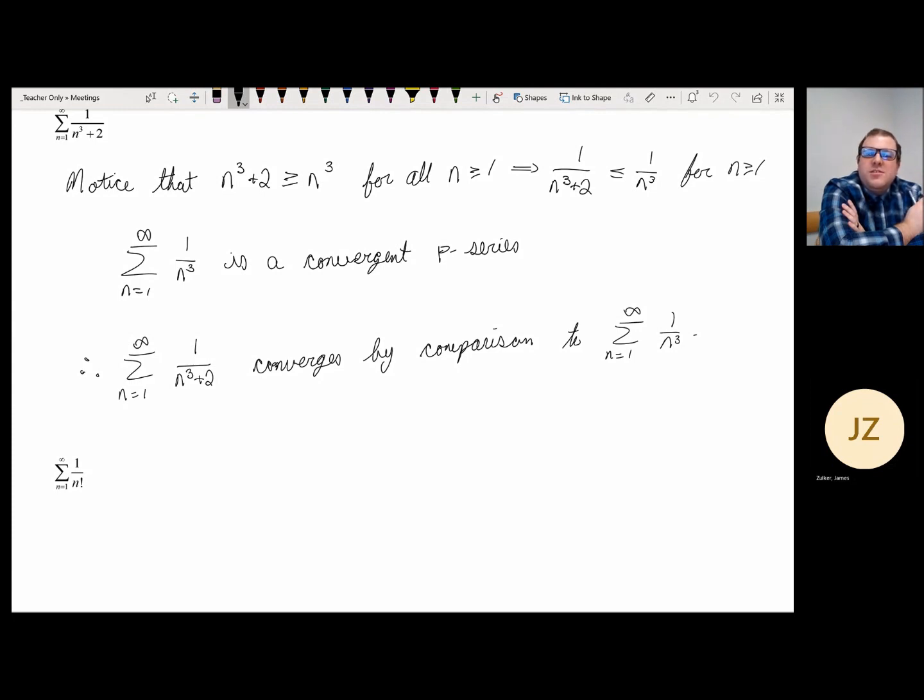Because if you do the limit, that nth term goes to 0, so divergence test fails. I suppose you could try integral test. But what's the antiderivative of 1 over x factorial? I have no idea.